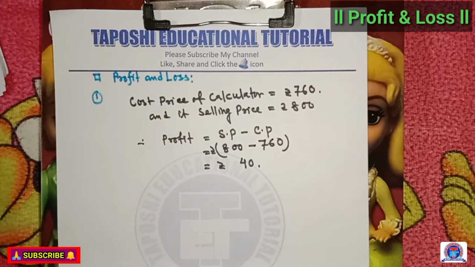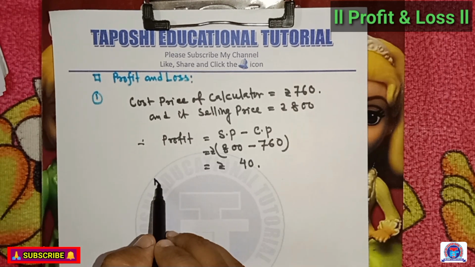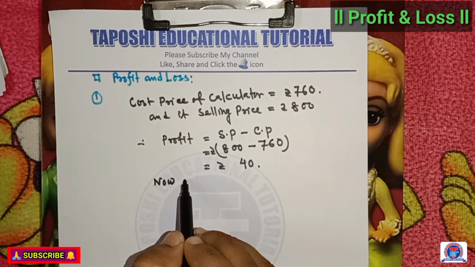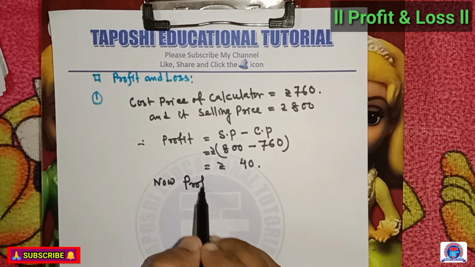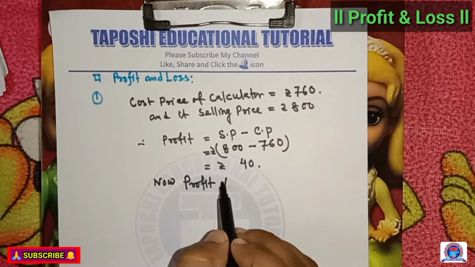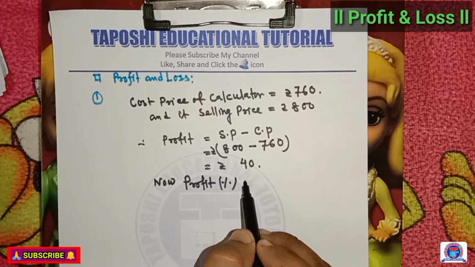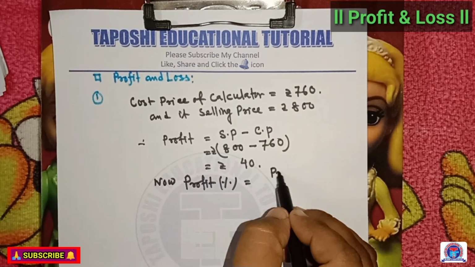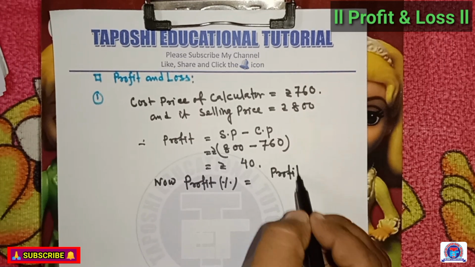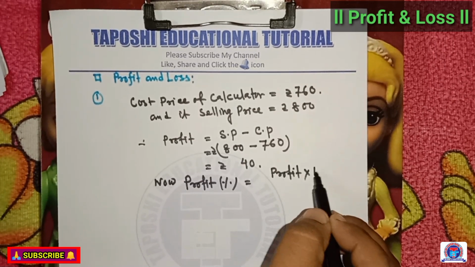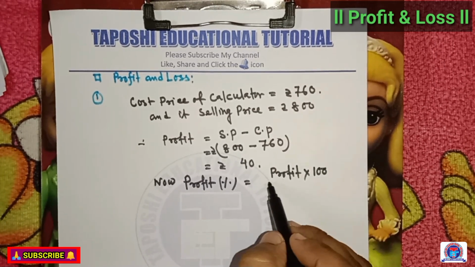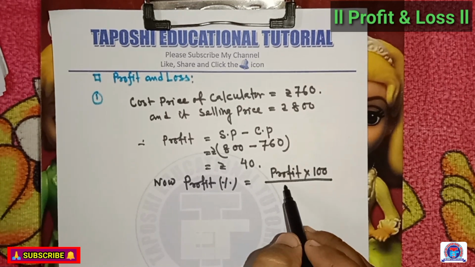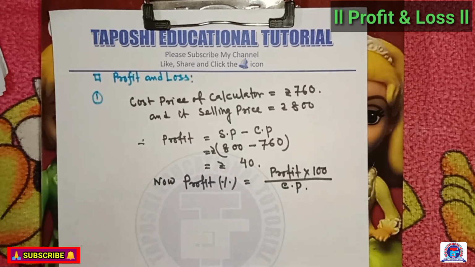Okay, now we find out the profit percentage. Profit percentage is equal to, we can write profit into 100 divided by cost price, correct?